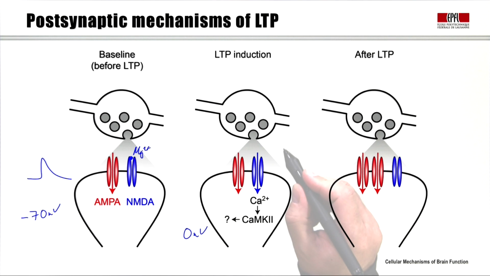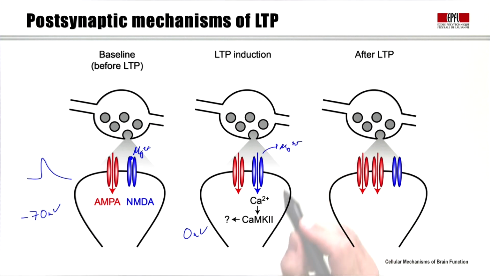That then gets the magnesium out of the NMDA receptor, so the magnesium is now gone. The NMDA receptor can then contribute when glutamate is bound to it, we're at these depolarized potentials, and now calcium can flow in through the NMDA receptor.